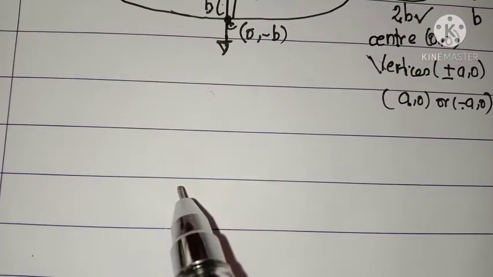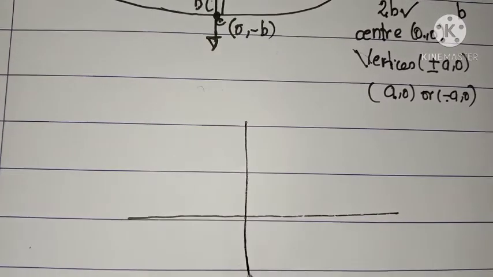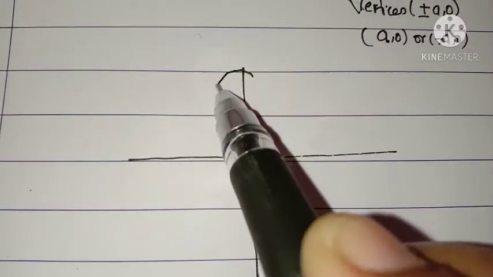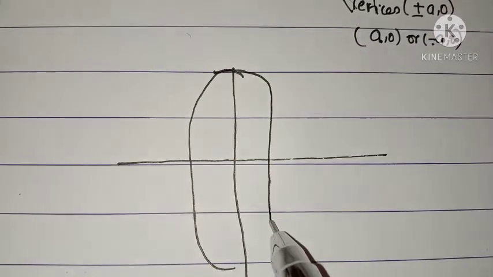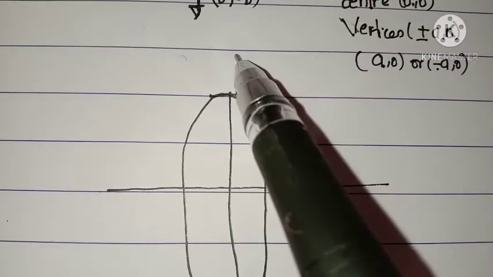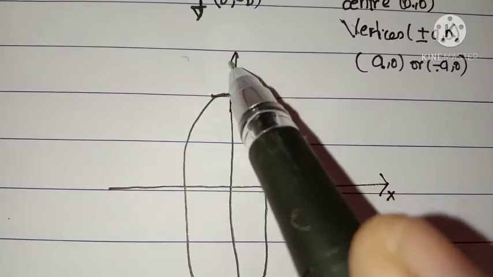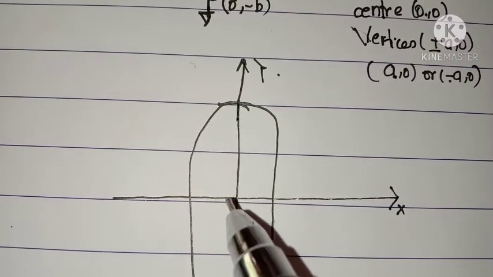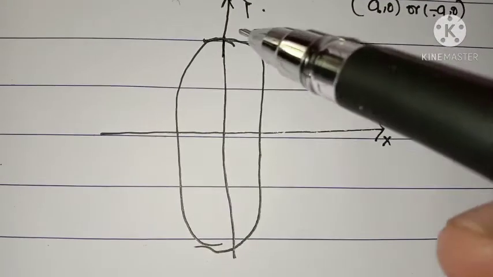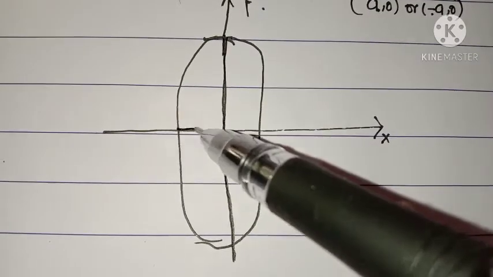Now consider another orientation. Suppose the ellipse is in the form just like this. This is another form of ellipse. Here, this is the x-axis and this is the y-axis. In this orientation, you can see that this length is greater than this length, isn't it?